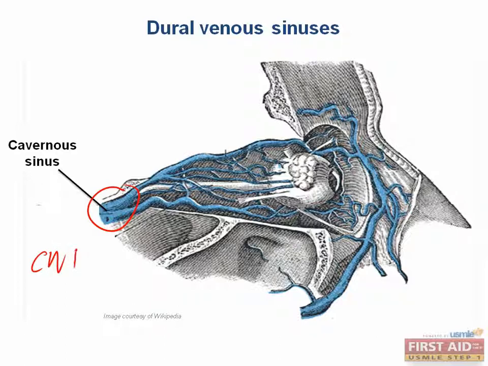That includes cranial nerve 3, 4, 5-1, 5-2. Those are just the different divisions of the fifth cranial nerve, and then cranial nerve 6, the abducens nerve. Cavernous sinus thrombosis, where blood is blocked from flowing through the cavernous sinus, can lead to headache as well as cranial nerve deficits.